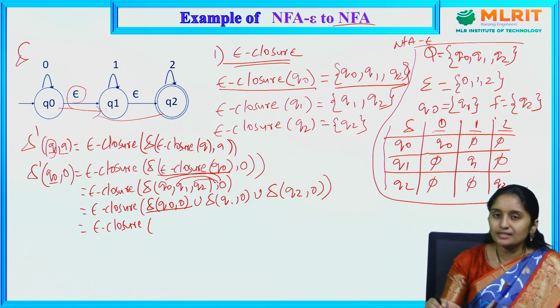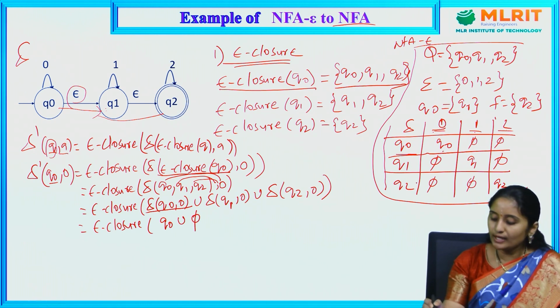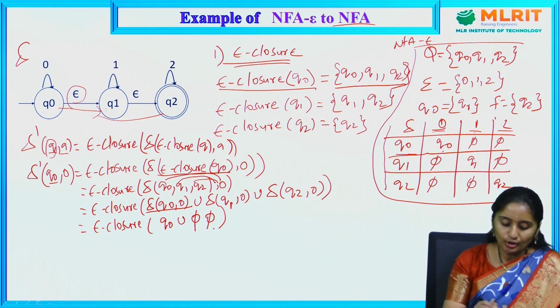This is my transition table, right? From this transition table, I am going to write the inputs. Delta of Q0 on 0, what I am having? Q0, and union Q1 comma 0, Q1 on 0, what I have? Pi. Q2 on 0, pi. So Q0 union Q0 union pi union pi.